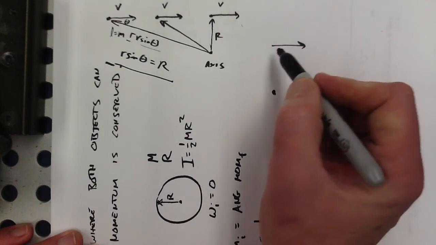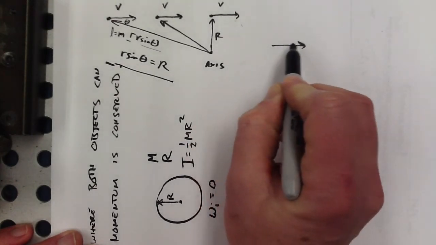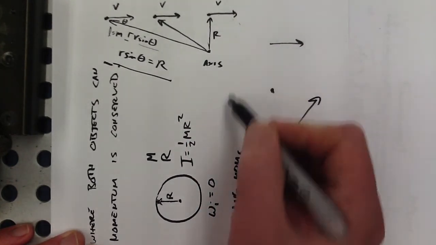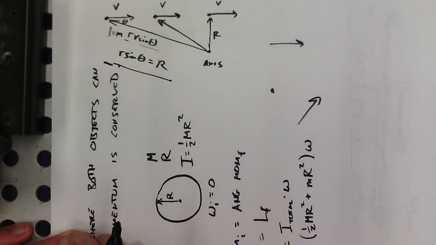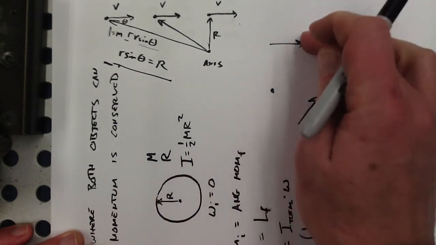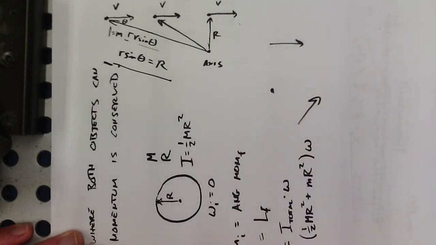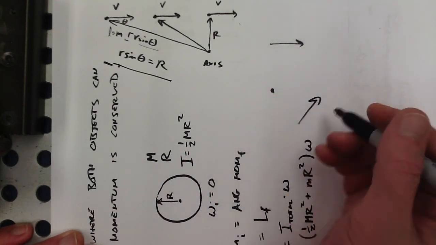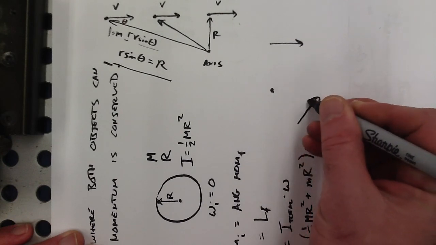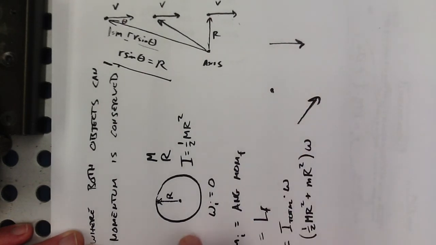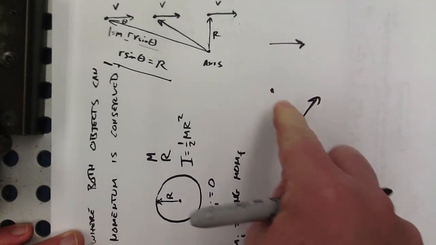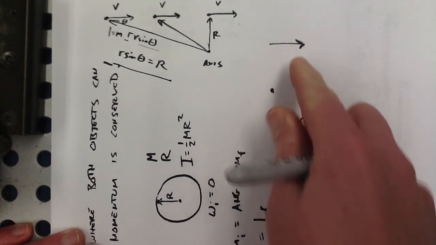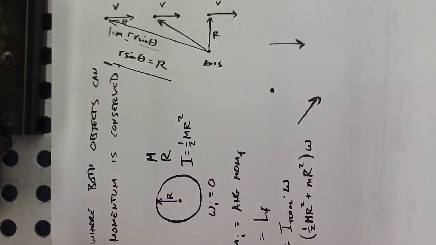But if it was going around this point, clearly this one is going clockwise and this one is going counterclockwise. So these two have opposite signs. It doesn't matter which one you make negative and which one you make positive, but you definitely need to make sure that they have opposite signs. Because if you're finding the total angular momentum of this system of particles about this point, these two are going to do some canceling out of each other. All right, that's all.